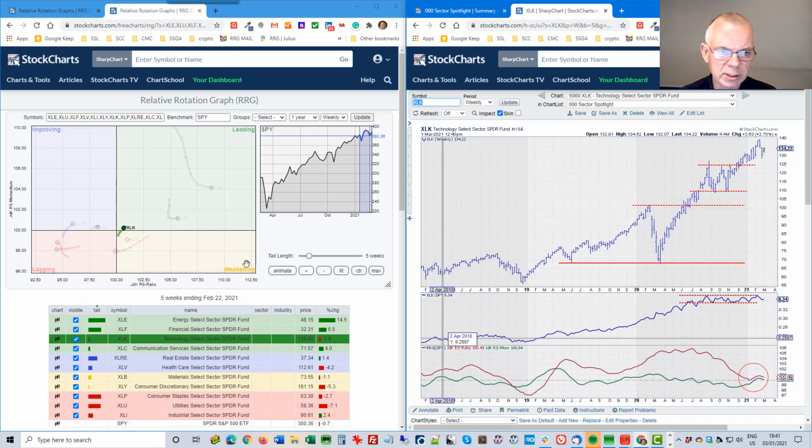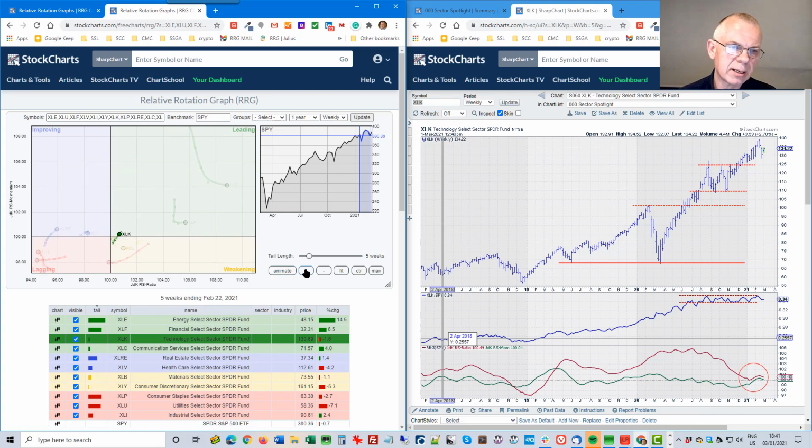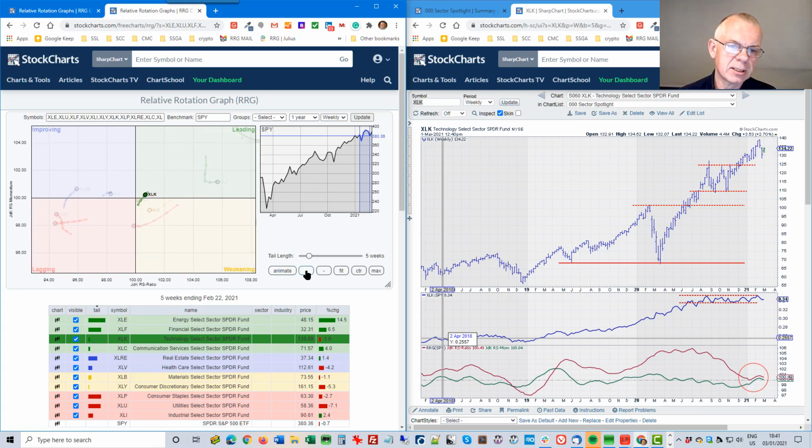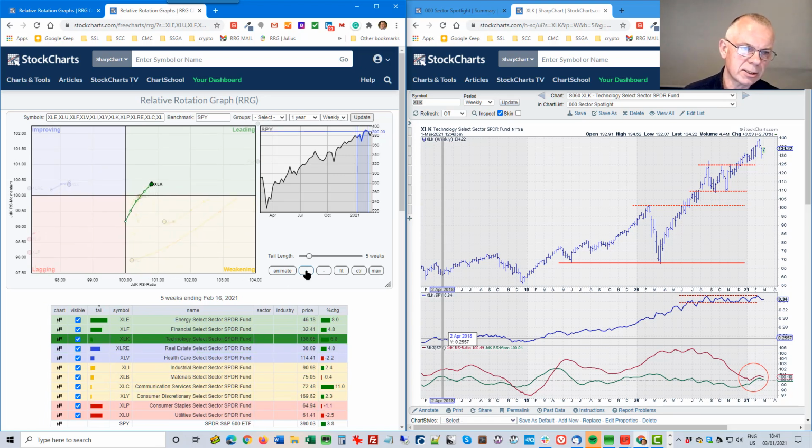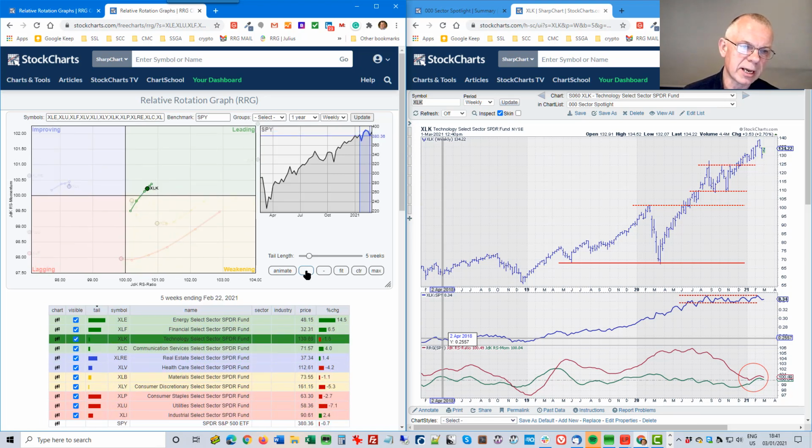This is the little hook that you see. Let me zoom that in so we can actually see that a little bit better. You can see, so this is last week and this is today. We're actually accelerating further, but this is only Monday, so I prefer to look at the end of the week, and you can see that it's rotating sharply back. So that's slightly worrisome.